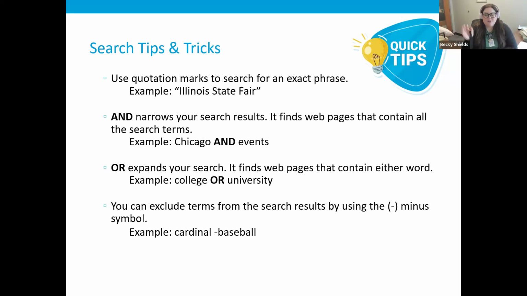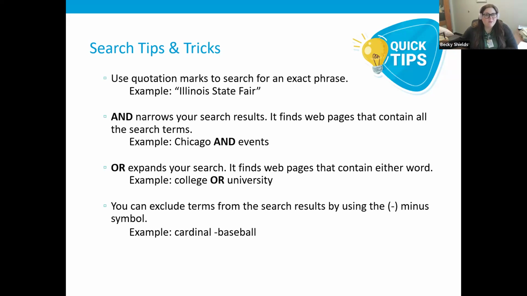Sometimes if you put the words without quotation marks, it'll bring up anytime that the word state is used on a website, the word fair, the state of Illinois. If you're specifically looking for a state fair and you only want to know about the Illinois State Fair, you can put those in quotation marks to make sure that exact phrase is what Google is looking for.